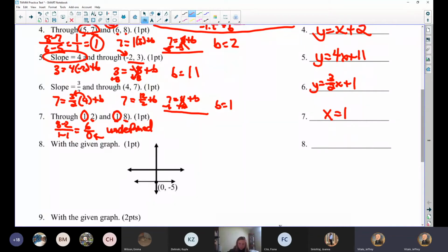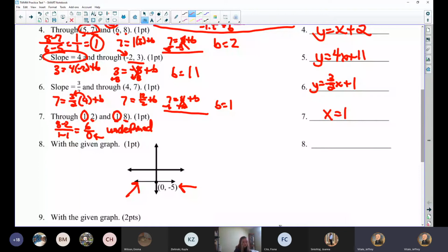And then 8, after finding out points and this and that, they give us a graph. This is the line right here. That is what kind of line? Horizontal. What kind of a slope does a horizontal line have? 0, right? And the equation is whatever all the y points are.